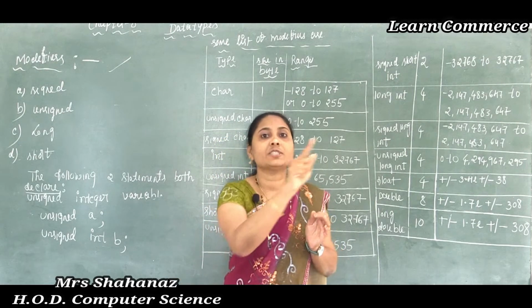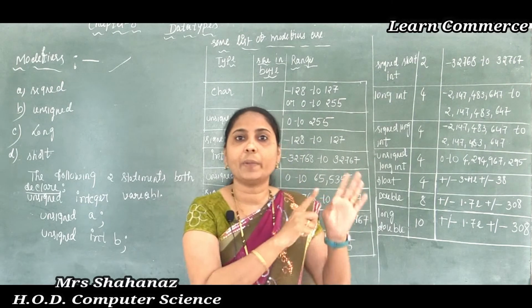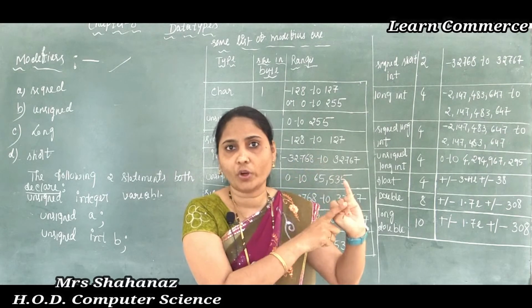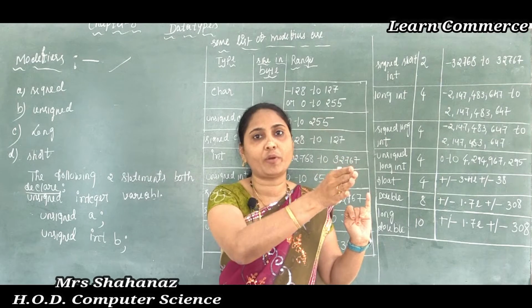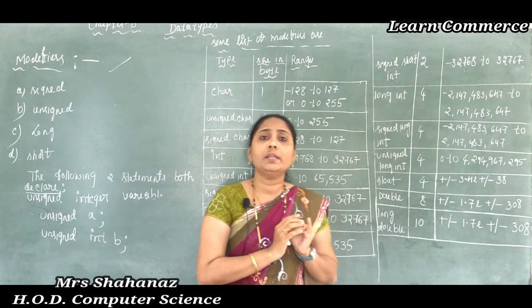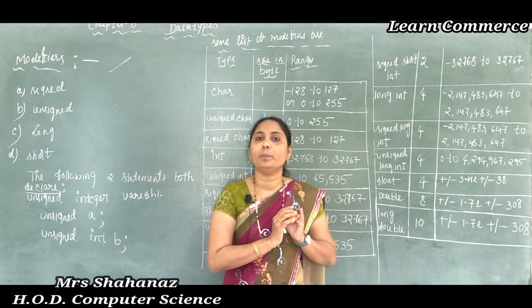I said such a modifier is used with the data types int, char, double, and precedes them, before the data type, like unsigned int. So the modifier is used to alter the meaning of the base type.